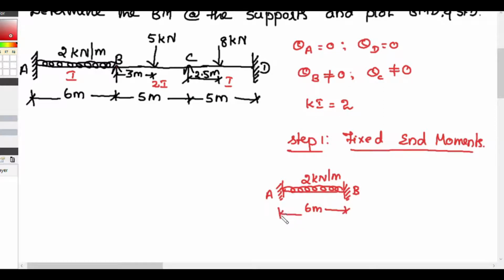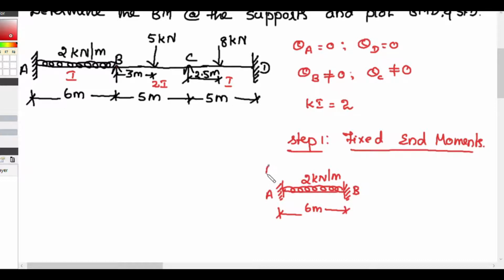So we know the fixed end moment means we have to assume all the supports as fixed supports. So see, already we know, when you are taking the section anywhere on AB, the left will be anti-clockwise and right will be clockwise.